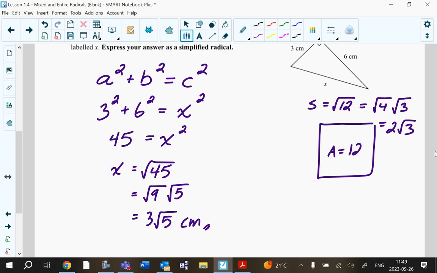Okay, 1.4 for Thursday. It's not this lesson, we've listed those. Does everybody have a copy of the test outline and review exercise?